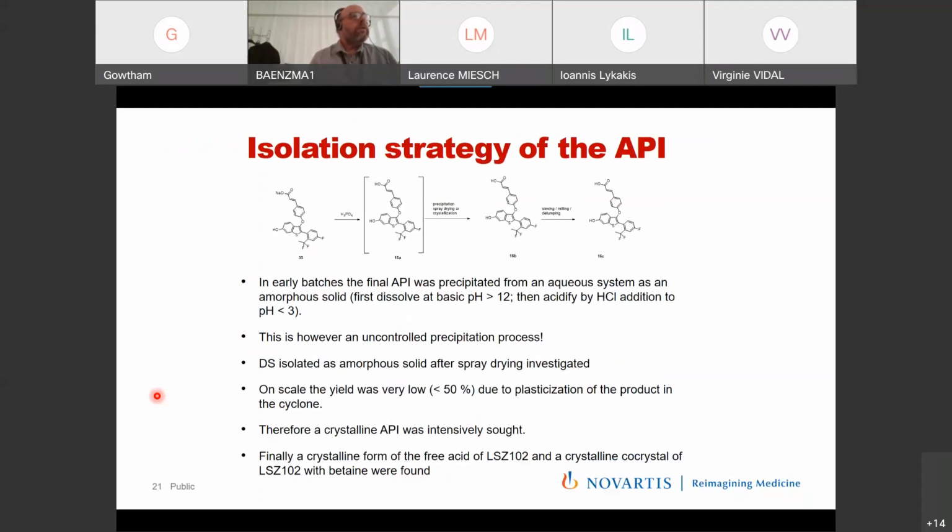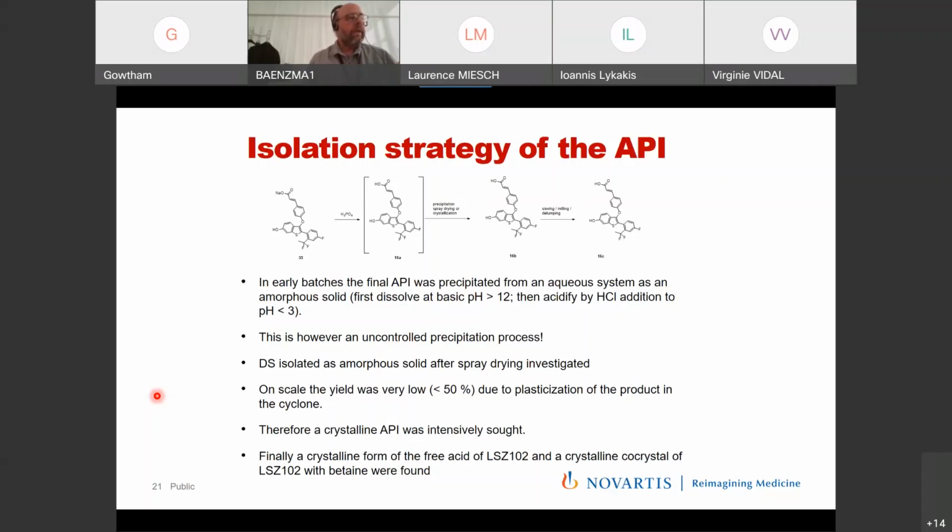So the isolation strategy of the API was also ongoing. Up to this point, we isolated the drug substance as an amorphous solid. In the first phase 1 batches, it was coming from a precipitation process, and later on, we did spray drying.